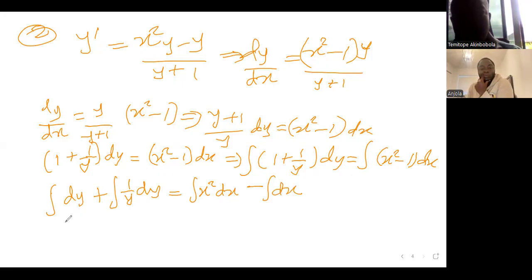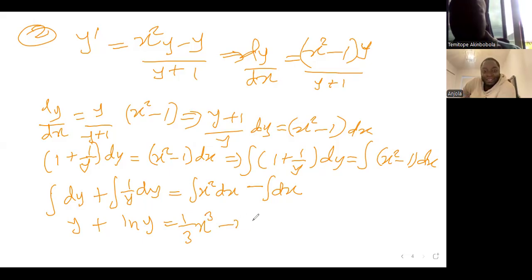So integral of dy is y. Integral of 1 over y dy would be what? Ln y. Equals, integrate s raised to power 3, that's 1 over 3 times s raised to power 3, minus s plus c. You get that now?